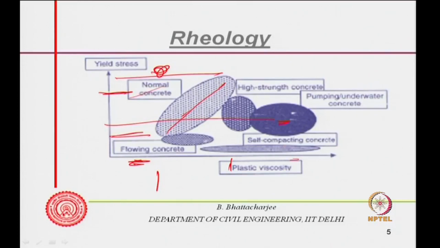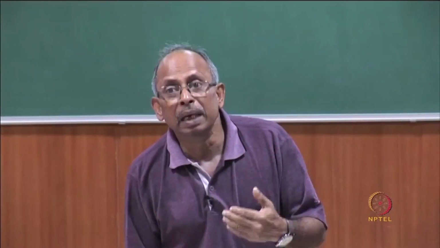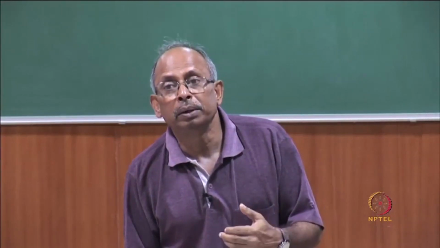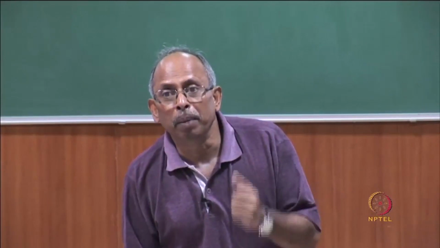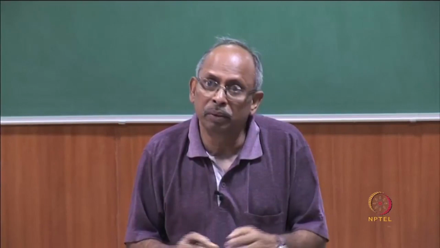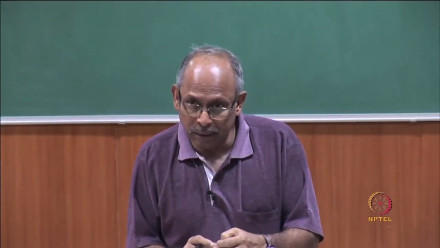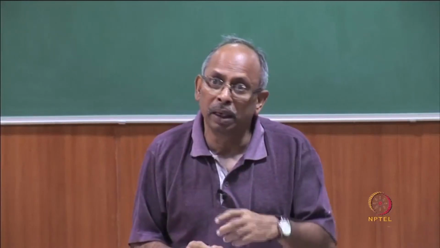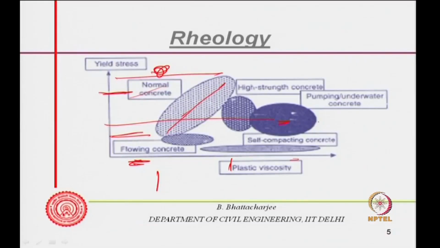Now, it can withstand some amount of yield shear stress because you will be pumping it. So, there is a pumping pressure, only it should remain cohesive and should not segregate. Relative motion between particles should not be there within it, but it must form a plug and then move. So, that is pumpable concrete.